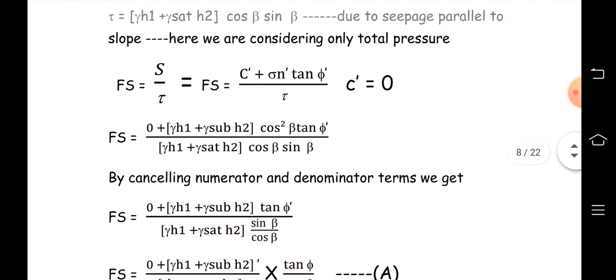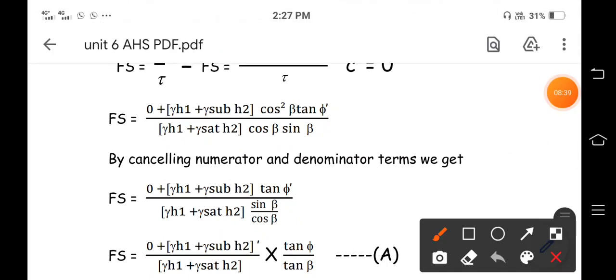By cancelling the numerator and denominator, if you cancel the same terms, one cos of beta gets cancelled and one cos of beta gets cancelled, and only a cos of beta term remains at the numerator. If we take this cos of beta to the denominator, our value will be gamma H1 plus gamma submerged into H2 into tan of phi upon gamma H1 plus gamma saturated H2 into sine of beta upon cos of beta.